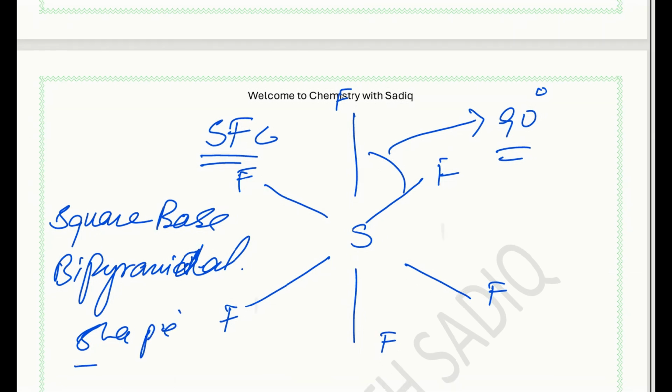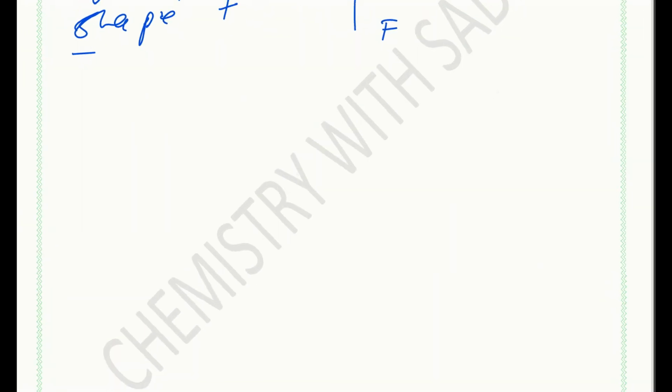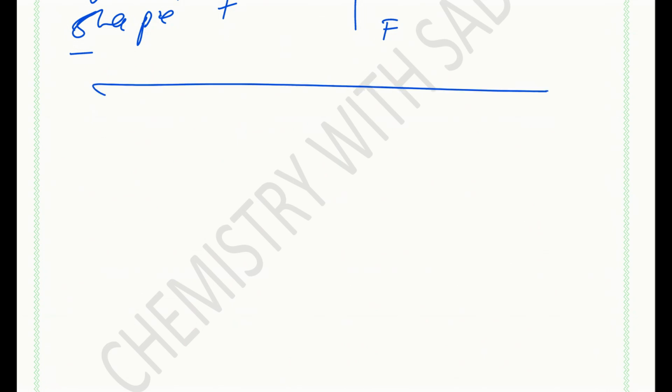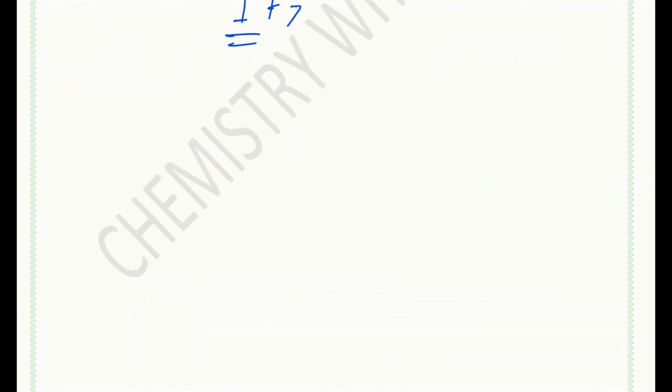Okay. Now the last structure that we study is IF7, right? In IF7 structure, we have iodine exactly in the center. It is AX7 structure, okay? So it's having a pentagonal base.